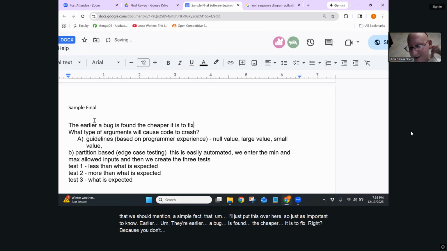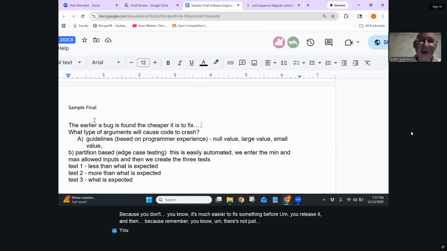Because it's much easier to fix something before you release it. Remember, it's not just that you write code and send it to the customer, right? There's a whole big process.